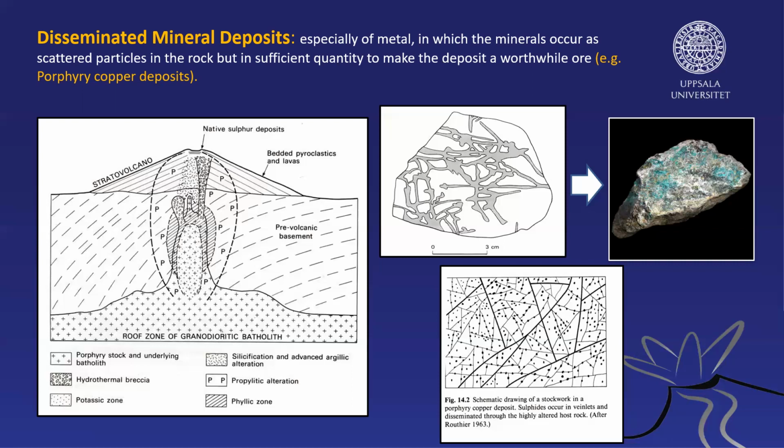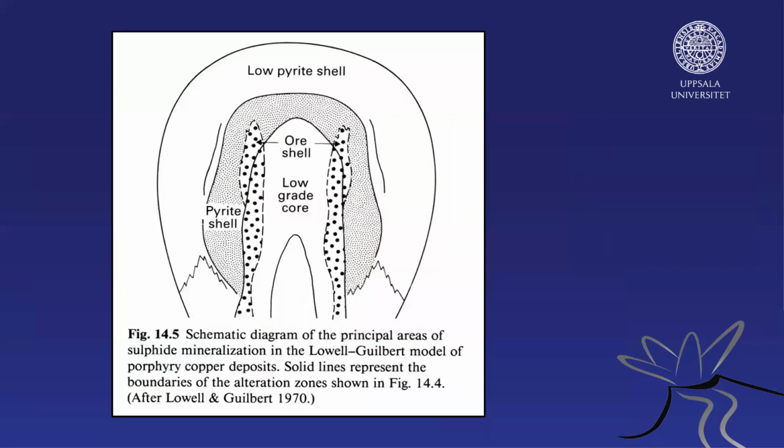This is what it looks like in real rock. It could look also like that. You have veinlets of sulfides, and you have also nuggets of sulfides scattered within the rock. And this is what it looks like in another way.